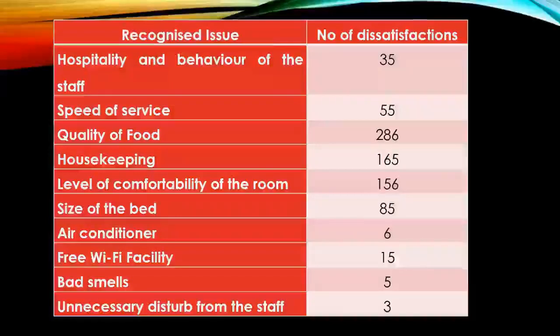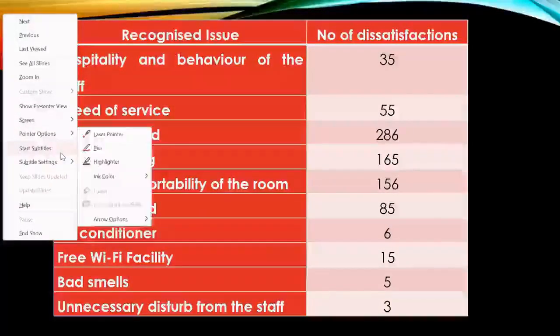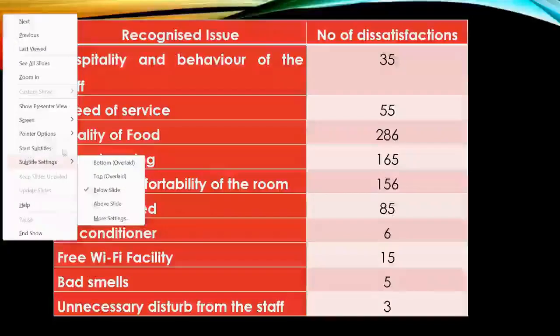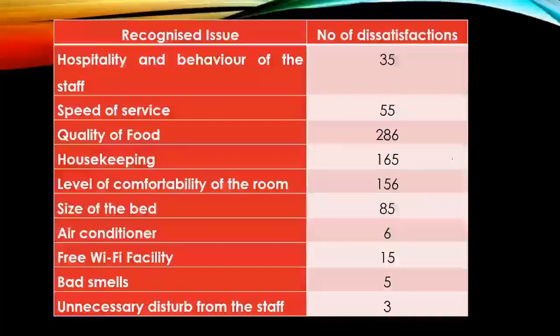I have to recognize the descending order of those items based on the number of dissatisfactions. This is the highest one. I'm going to say this is number one. This is number two.